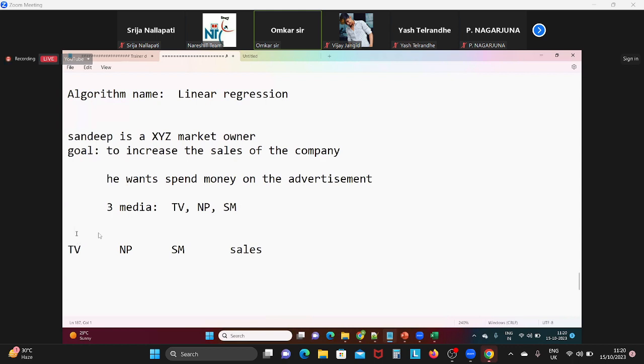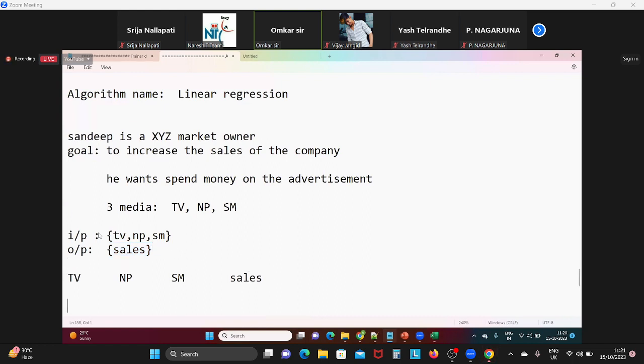Simple question. Very good. TV, newspaper, social media are the input columns, and the output column is nothing but sales. Now you want to understand the pattern, whether there is any relation between TV, newspaper, social media and the sales, so that it really increases the sales or not, correct?